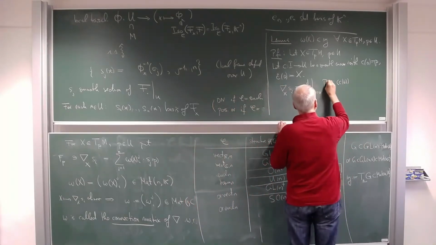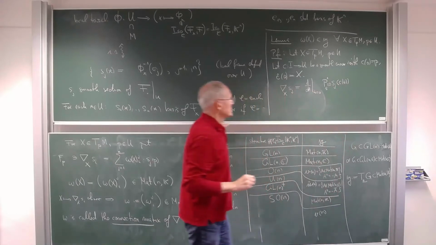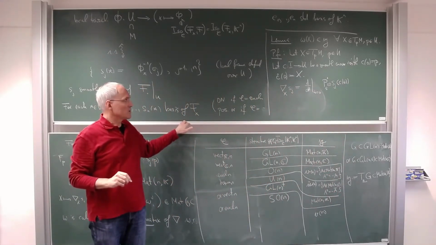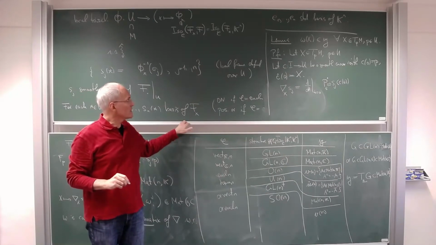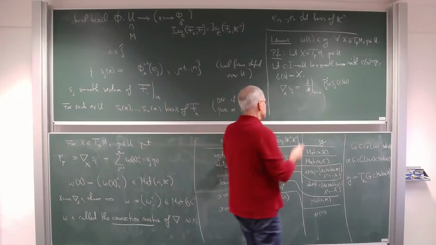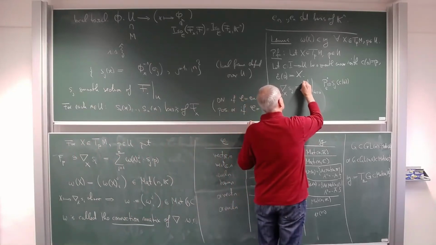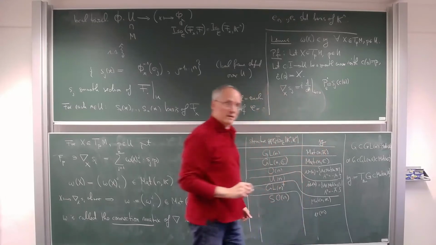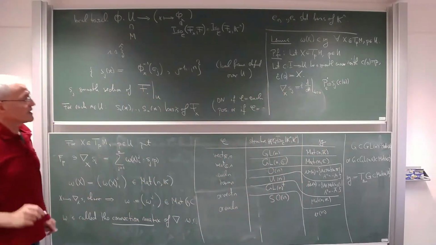Parallel transport it along the curve c from t to 0 to get a curve in the fiber over c of 0, and then differentiate. And then we also have this natural identification of the corresponding vertical vector with an element in the fiber of F itself.